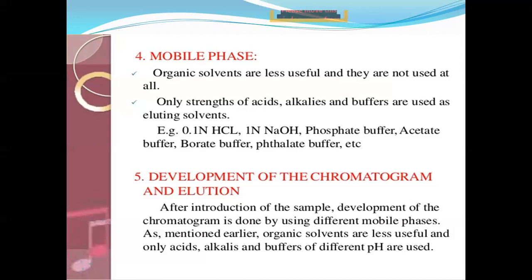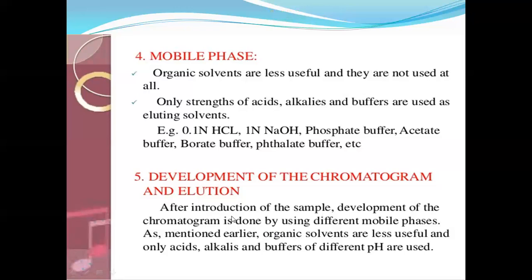The ion of our reaction mixture sample which is attached to the stationary phase, or you can say ion exchanger, will exchange with a similarly charged ion of the mobile phase.